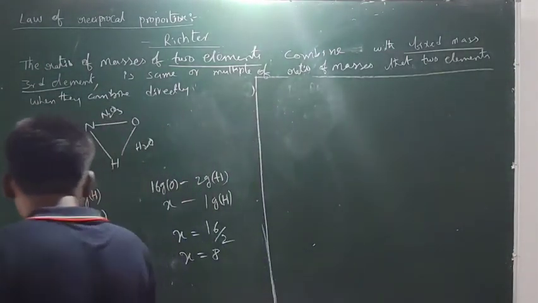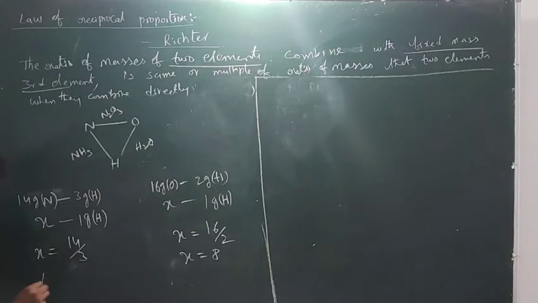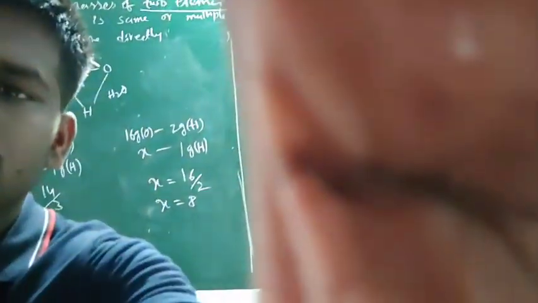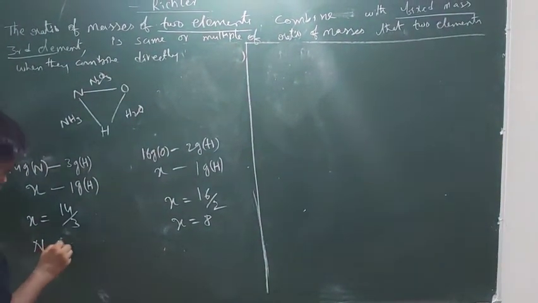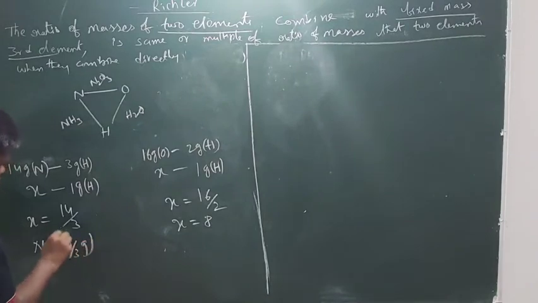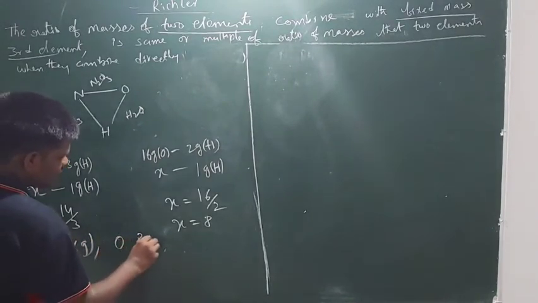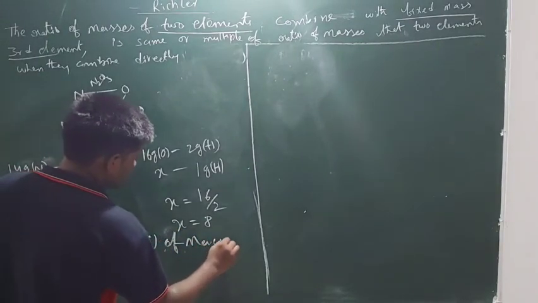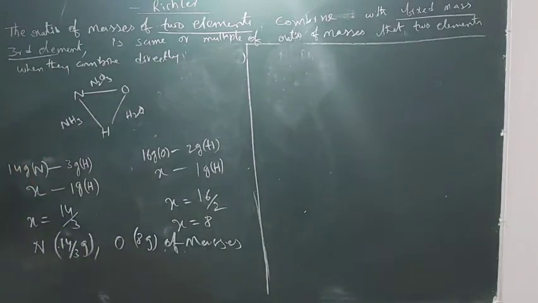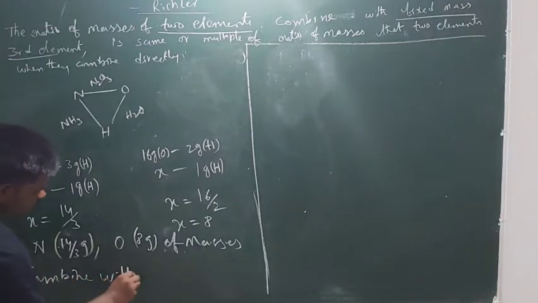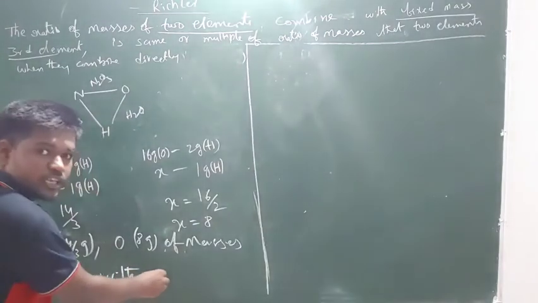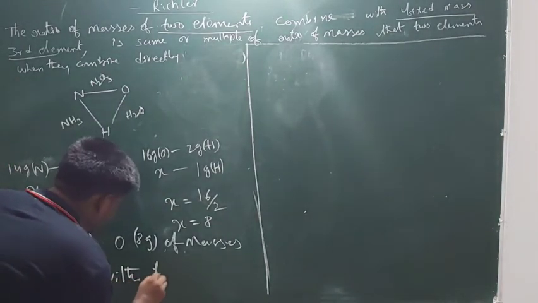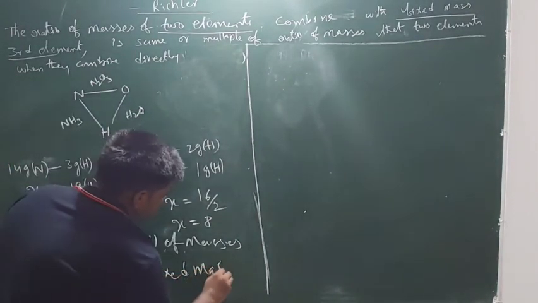Now guys, here 14 by 3 grams of nitrogen and 8 grams of oxygen are combining with a fixed mass of the hydrogen. Let me write the point here, guys. Nitrogen with 14 by 3 grams of mass and oxygen with 8 grams of mass, both are masses combined with the fixed mass of hydrogen.